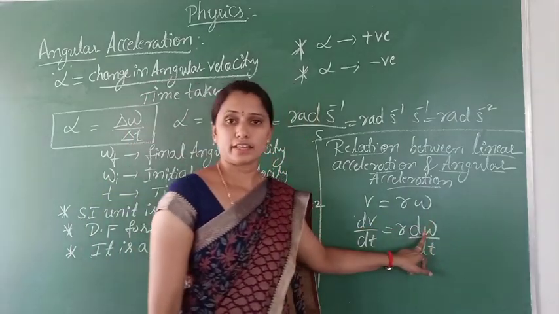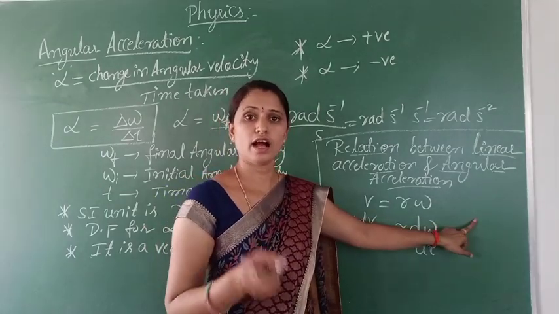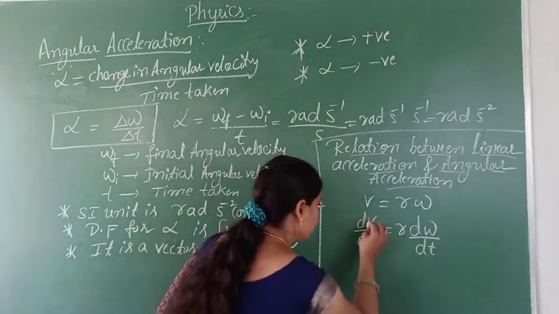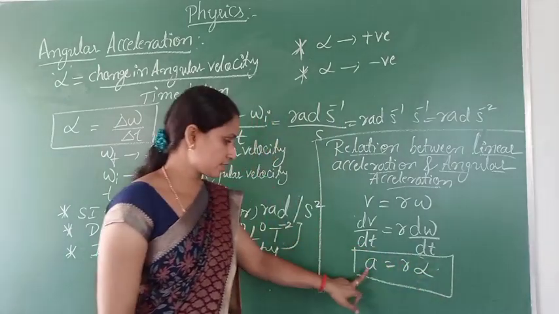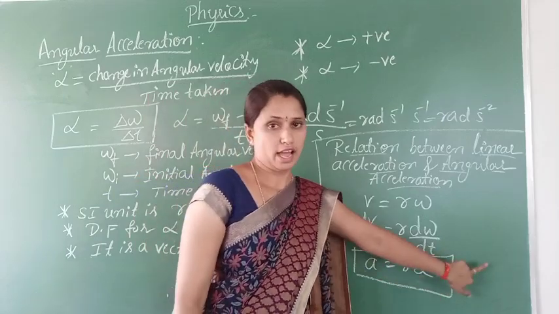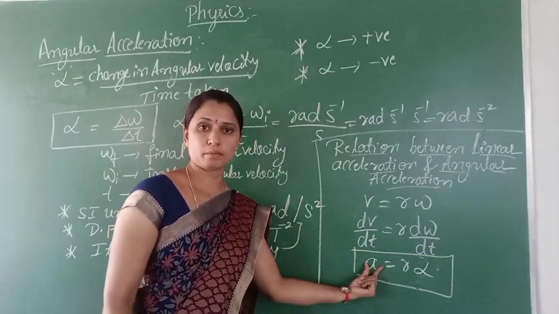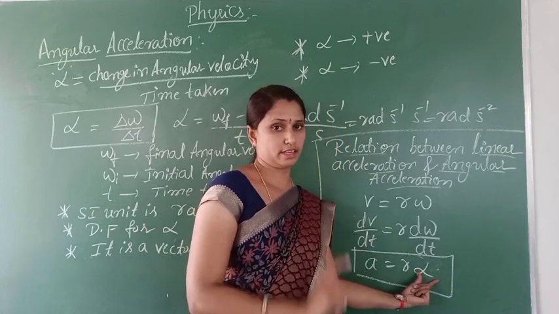The time rate of change of angular velocity is called angular acceleration. So alpha is angular acceleration. This is the relation between linear acceleration and angular acceleration, where a is linear acceleration and alpha is angular acceleration.